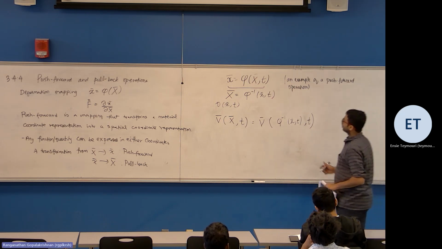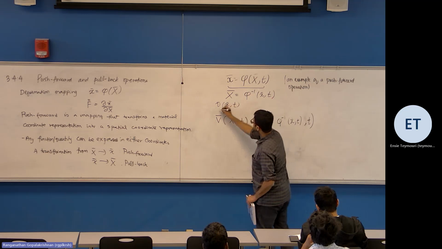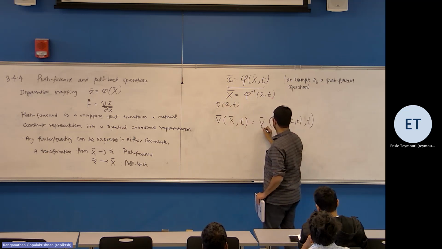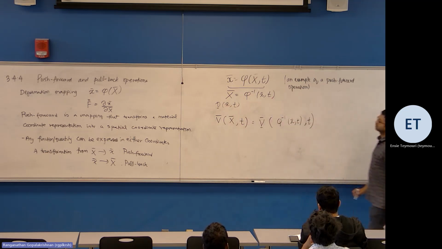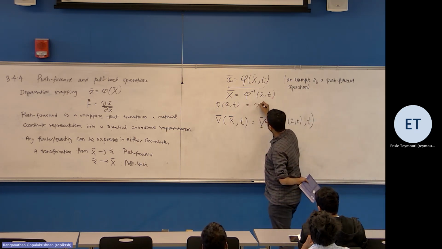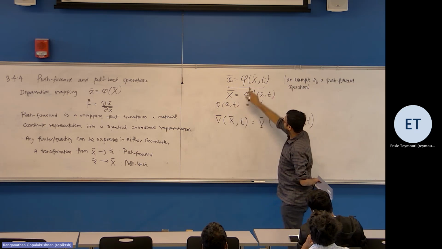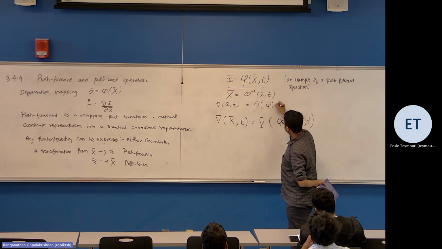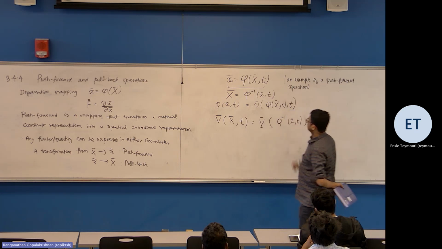Okay. So what is the relation between this spatial velocity and this material velocity? I can also take this spatial velocity and write v. What is x? X is phi of X comma t.